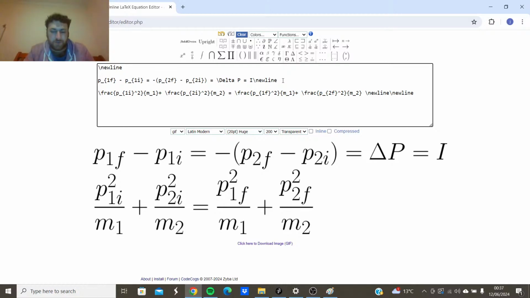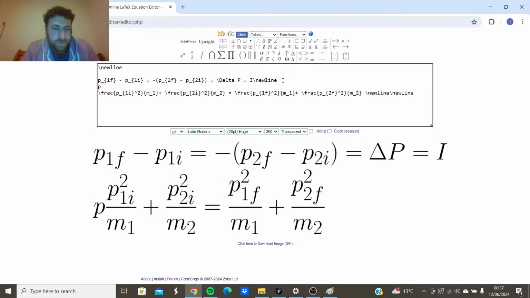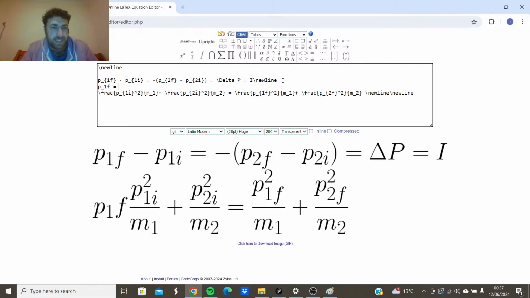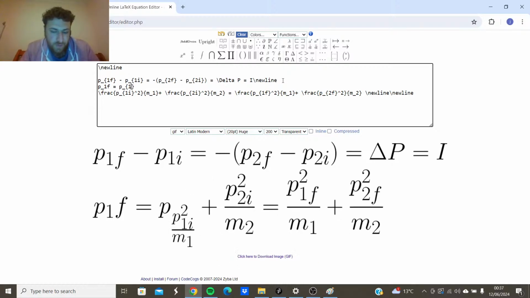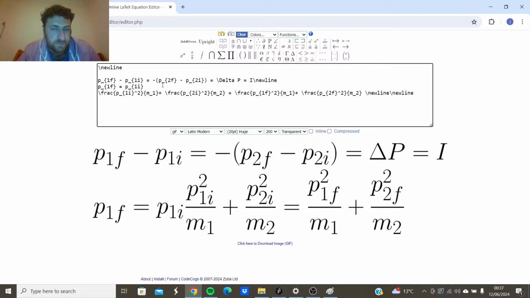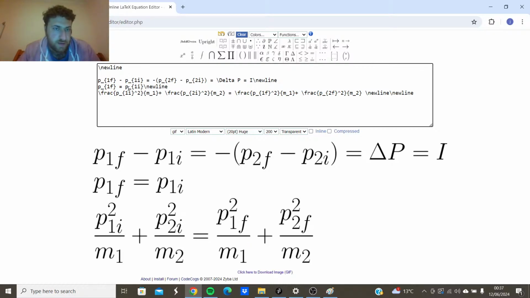And basically it's quite simple. First we can move P1I to the right hand side of the equation. We'll say P1F is equal to P1I plus I, or plus the impulse, or plus delta P. You know what?